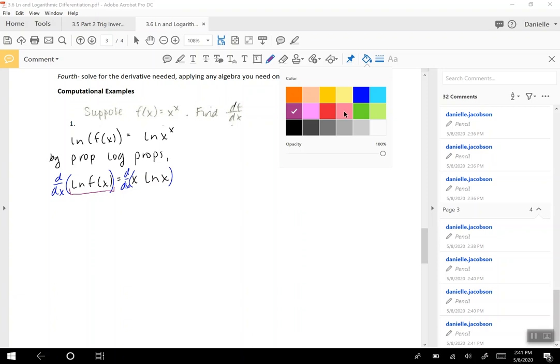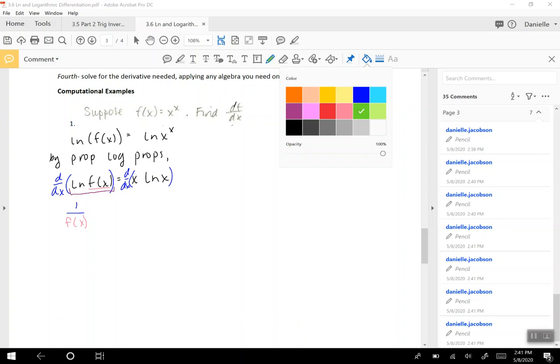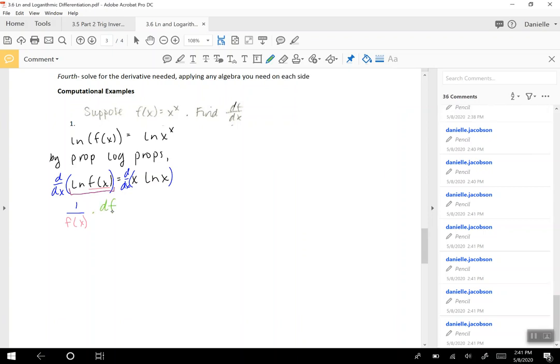My inside function is f of x. Taking the derivative of the outside, since I see that natural log, I know I need to write 1 over f of x, and then multiply by the derivative of the inside. If I use the Leibniz notation, that would be df dx. If you use prime notation, it'd be f prime of x.